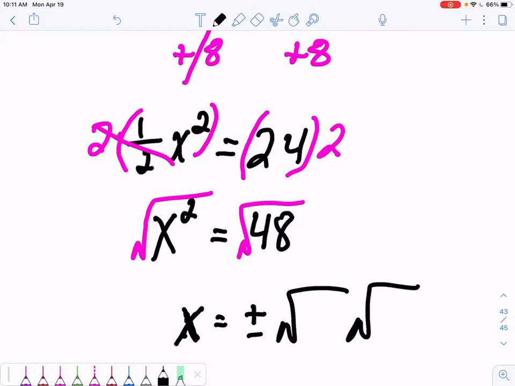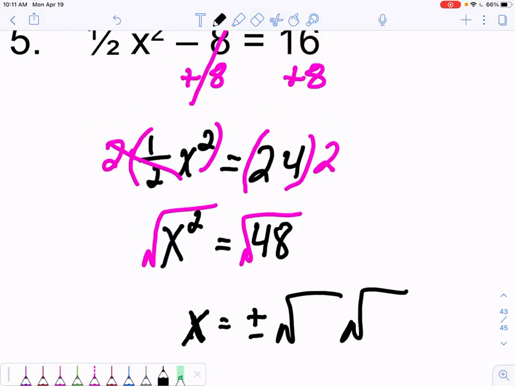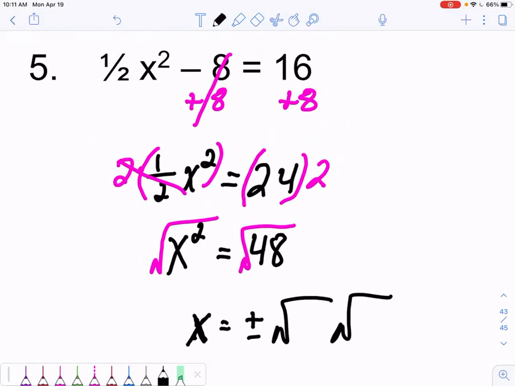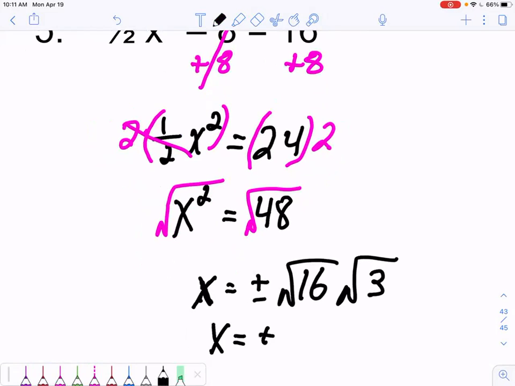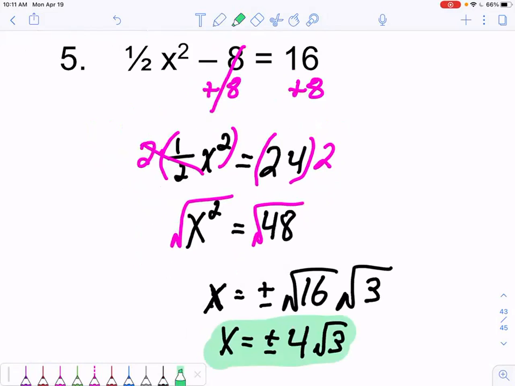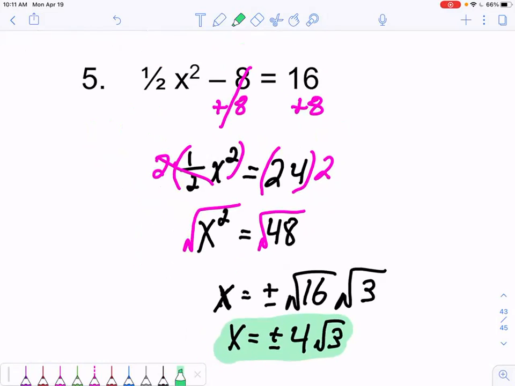Let's look at that square root list. 4, 9, that goes in there. 16, 25, 36. 16 and 3, good. What's the square root of 16? Plus or minus 4 square root of 3. That's it. So leave that one for you.